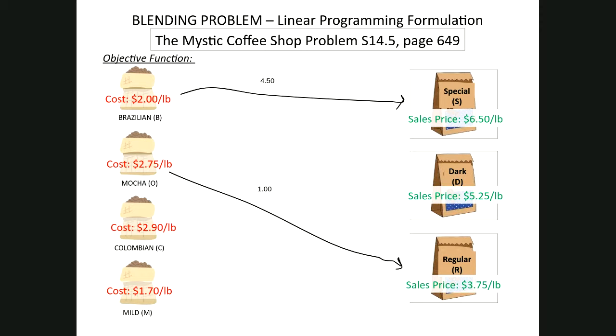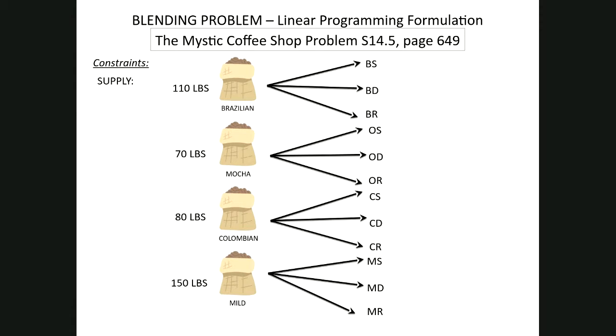Then we had two different categories of constraints. The first set of constraints were our supply constraints, where we had 110 pounds of Brazilian, 70 pounds of mocha, 80 pounds of Colombia, and 150 pounds of mild. So 110 of Brazilian, 70, 80, and 150 respectively.